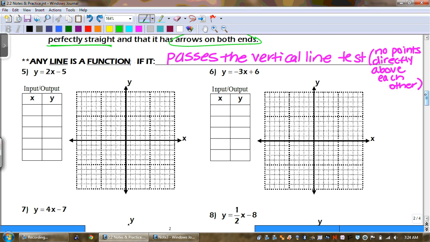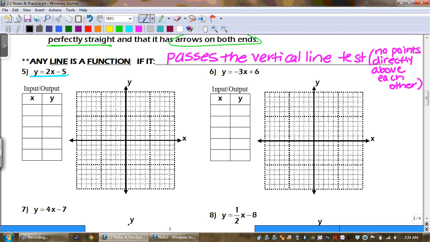Any line is a function. Okay? If it passes the vertical line test, no points directly above each other. Okay? So, what we're talking about for this, okay, we've got our line. Y equals 2x minus 5. What we need to do is pick numbers on the graph so we can graph it.